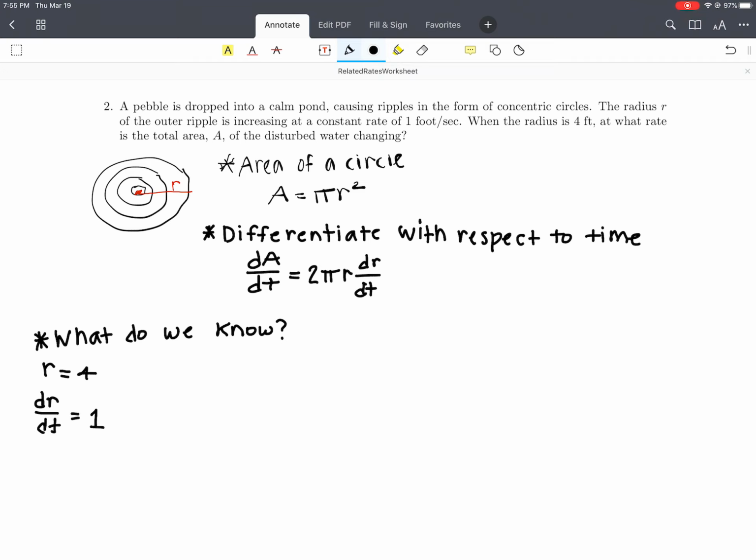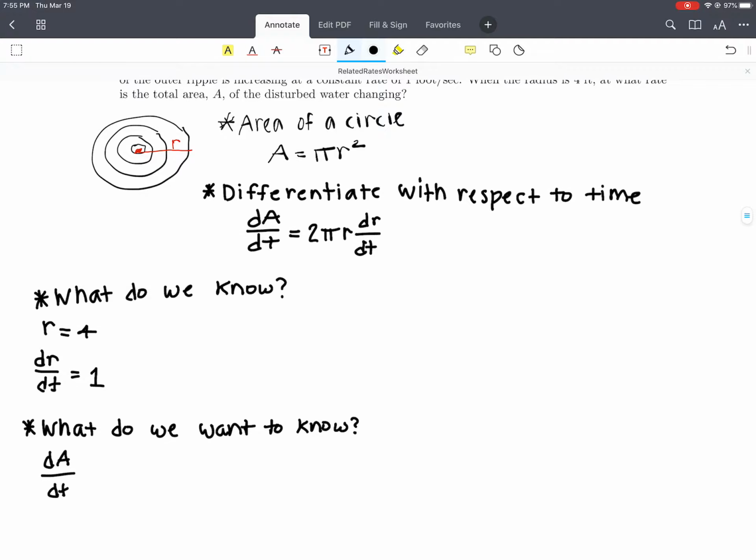So we know r and we know dr/dt. What do we want to know? We want to know dA/dt. We want to know how the area of the circle is changing.